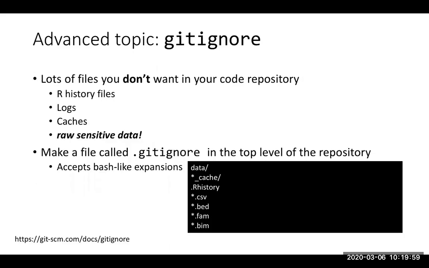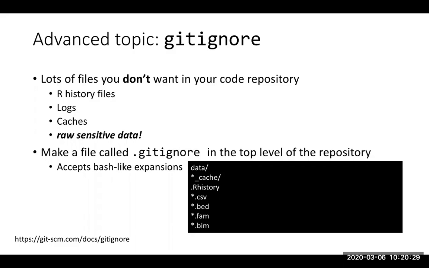The second advanced topic is something called Git ignore. There's a lot of cruft that comes from doing analysis that you don't really want polluting your repository. So R ends up writing history files. You might have logs or temporary caches that you don't really want to be part of your repository. And there's also sensitive data you might be working with, like genotype files.